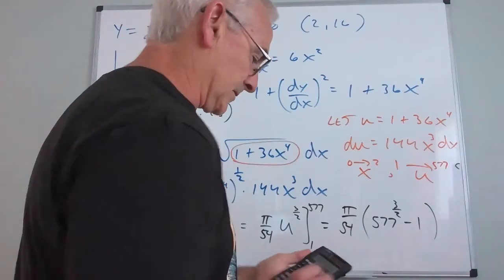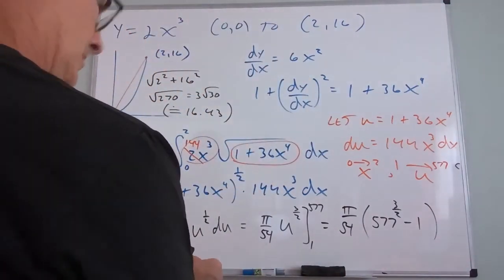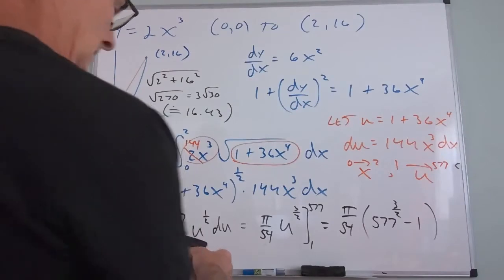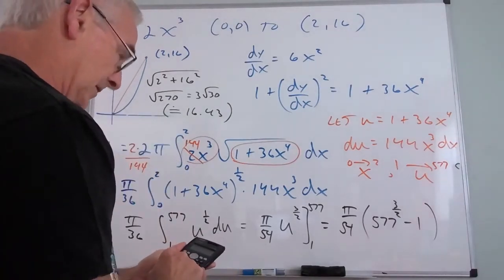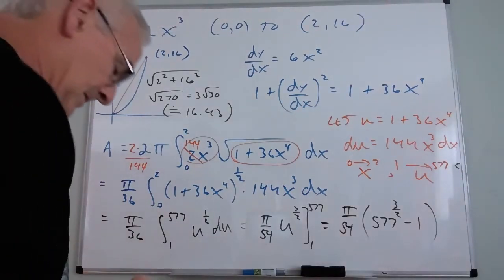Whoops. I lost something. Hold on a second. What did I just do? Hang on, I'm going to try that again. I just lost something in my answer. 577. I think I forgot to divide it. All right, try that again.